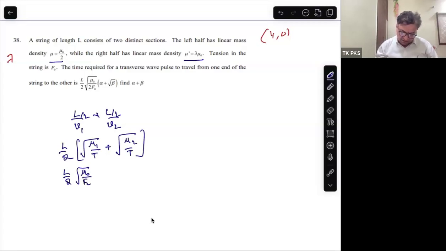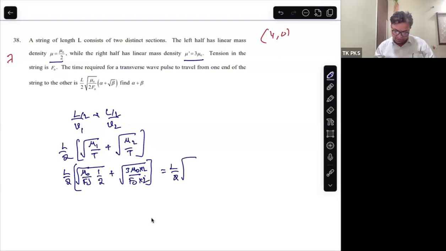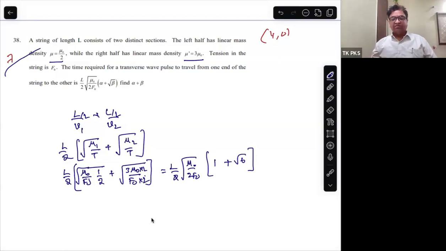Tension is F naught, into, here it is 1 by 2 plus 3 mu naught by F naught. Boys, this is the relation. This can further be written as 2. Why am I doing this? Then what is happening is 1 plus root 6. So the answer is alpha plus beta, 7. Absolutely correct. Done. One step. This is crucial. If you know this, you are done.